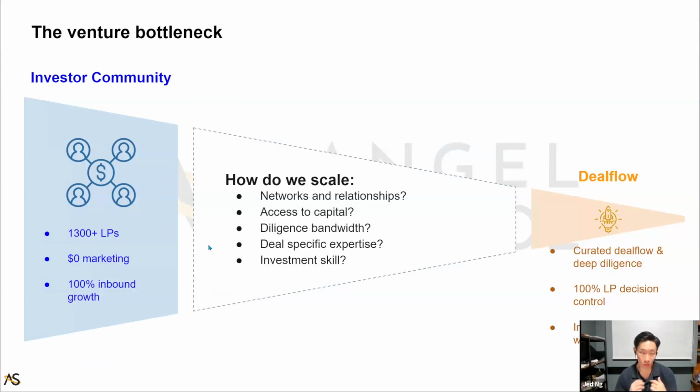The challenge of scaling up what we do is human capital related, which basically means that if you want to invest and see a lot of companies and have access, this is a problem not of technology, but of networks and relationships. It is about having time and energy to scale up your diligence because there is no technology that is going to do diligence for you out of the box.